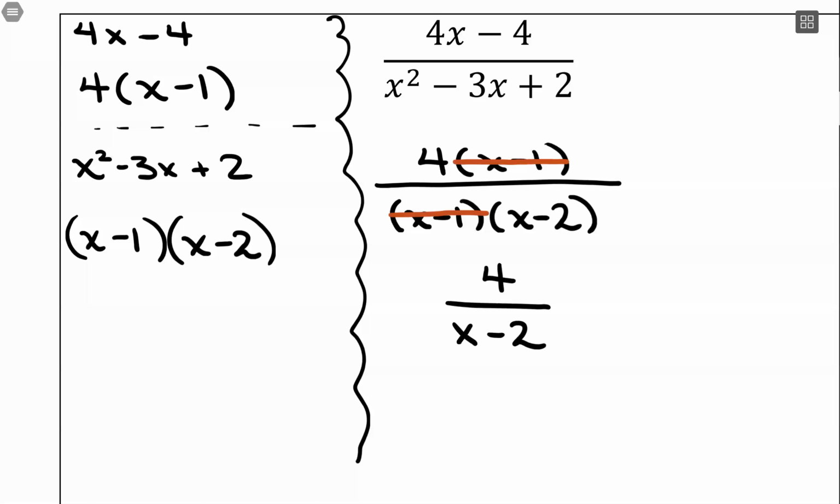Now, you might be tempted to divide here, that 4 and 2, but what we need to emphasize is because there's subtraction right there, really that 2 is stuck. And if you need to write these parentheses, I even suggest it.